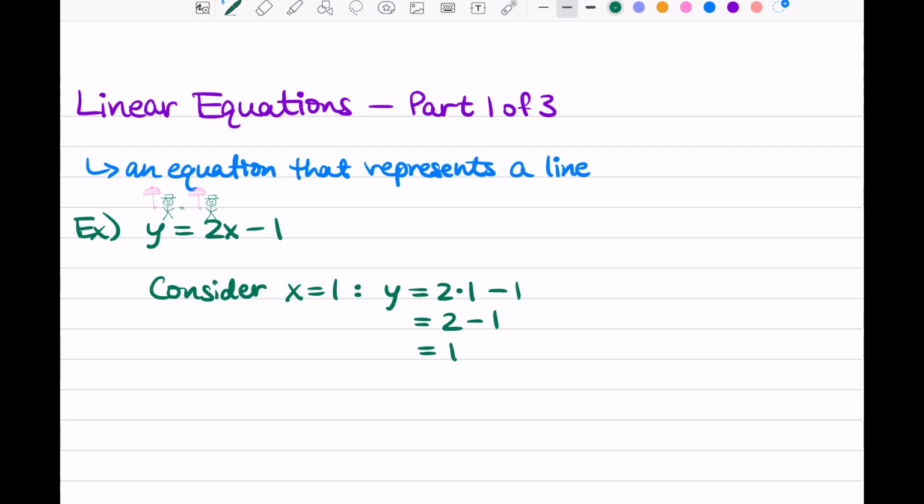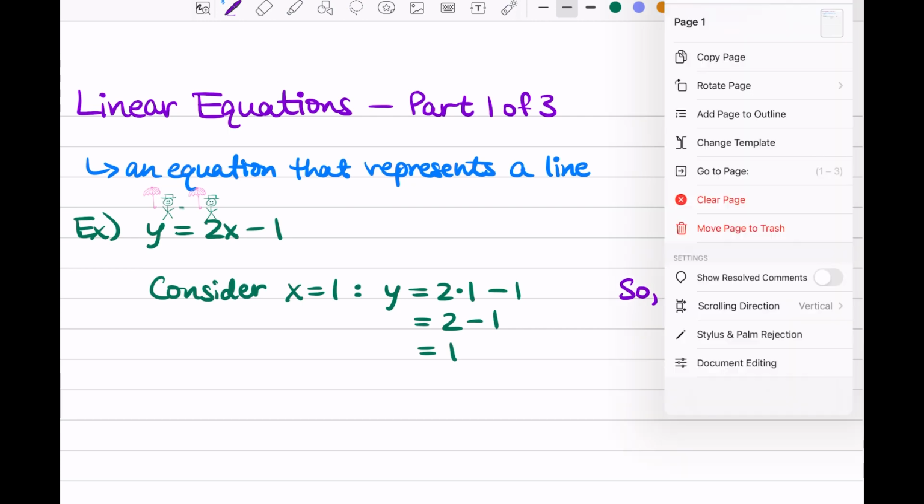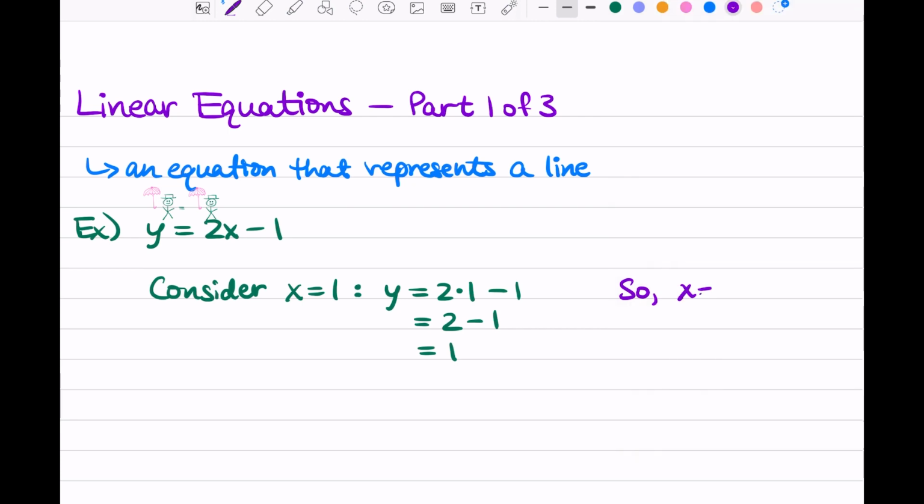If x equaled 1, then y equals 1. And so we say that x equals 1, y equals 1 is a solution to the equation.